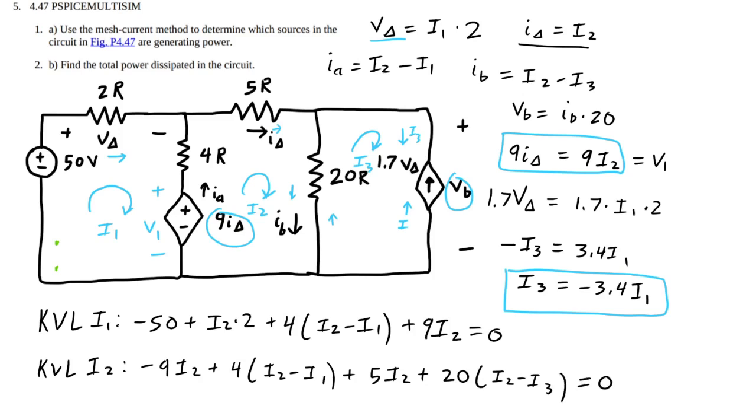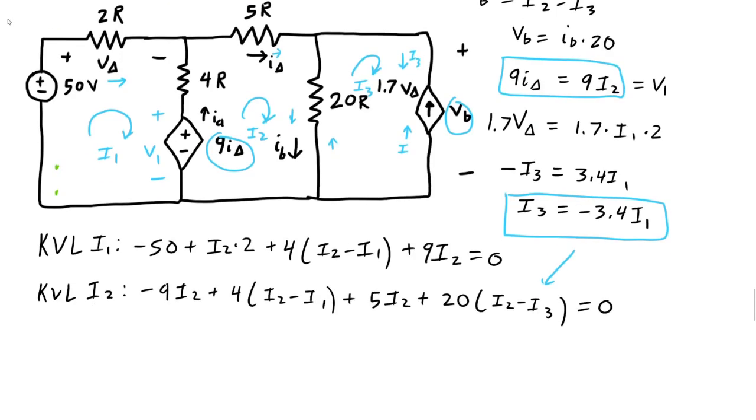All equals 0. Well, if we plug in 3.4 I1 for I3, we can remove one of the unknowns. We don't have to bother solving for that via the mesh analysis technique. We can just plug it in.